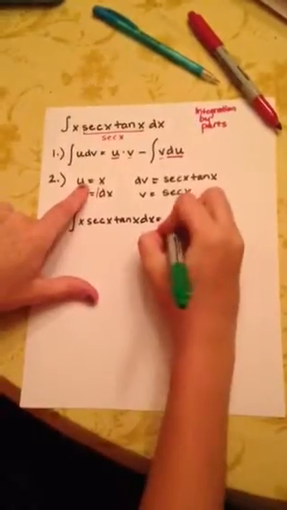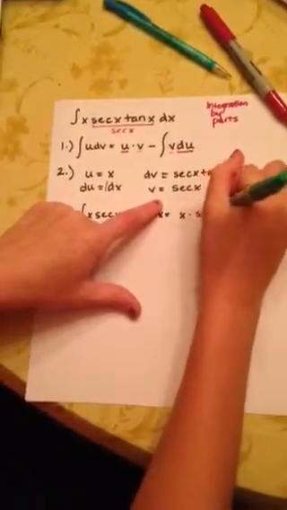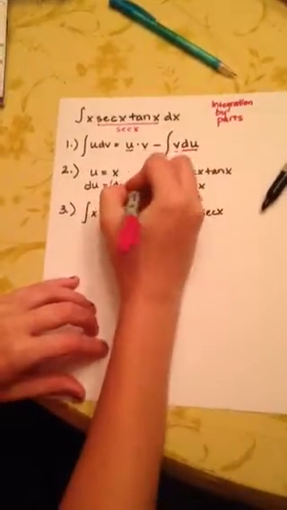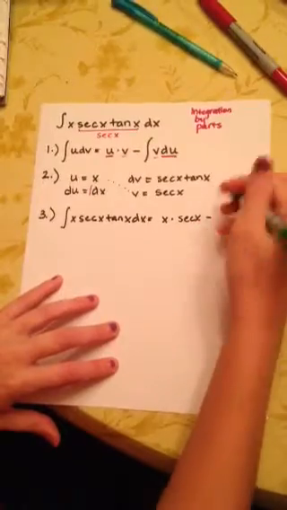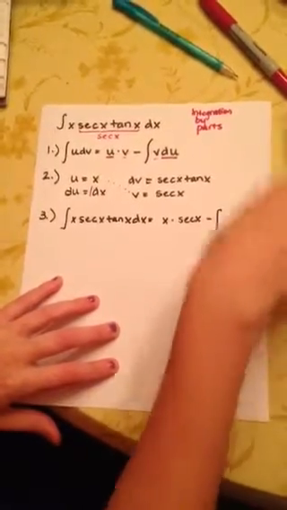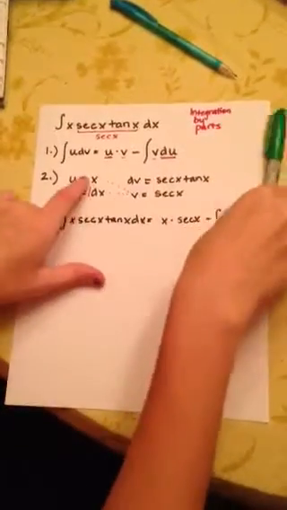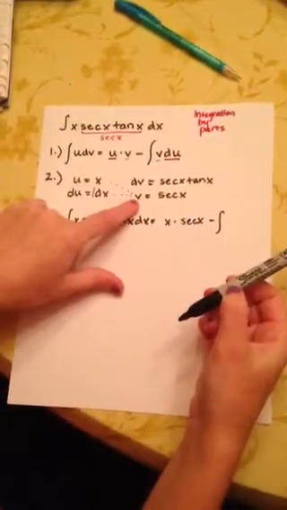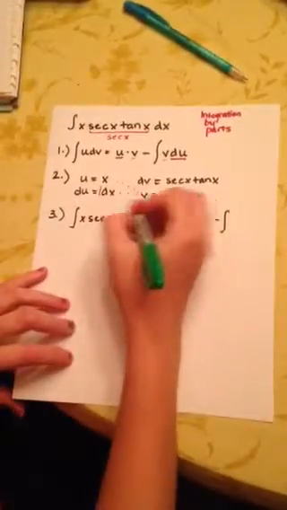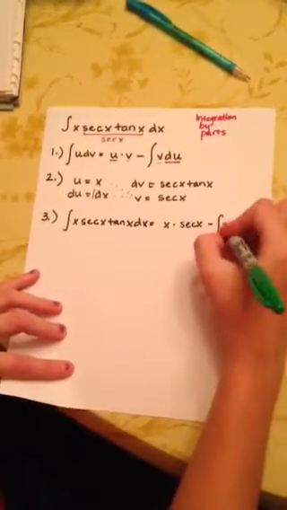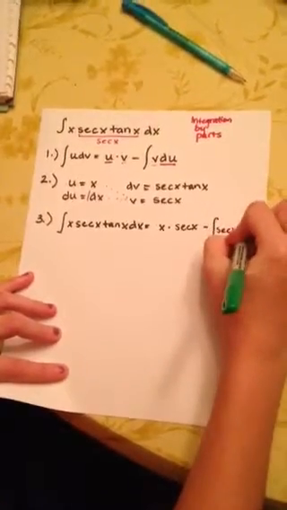So we have x times our v, which is secant of x, minus the integral of v du. So these two multiplied by each other, minus these two multiplied by each other. So that is secant of x dx.